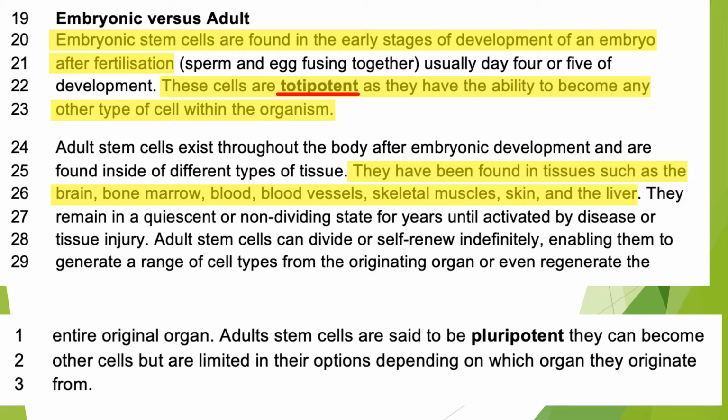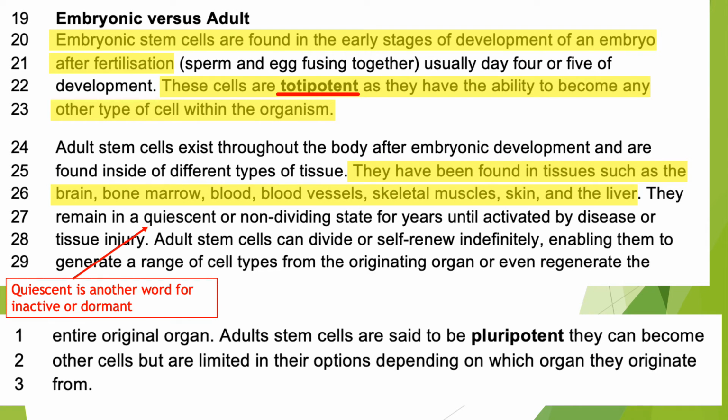Just really quickly, there's a word there that you probably have never heard before, and that's this one right here. Quiescent is just another word for inactive or dormant, which just means that it's there, it's just not doing anything yet. So when you might catch a disease or get some sort of injury, that's when these stem cells come into action.